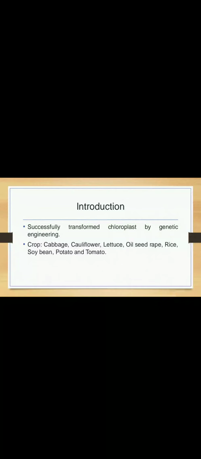For these crops we are using different selectable markers along with the gene of interest. And the most important thing is that we are inserting our gene at a specific site; the site of integration of the transgene is fixed in every crop plant.